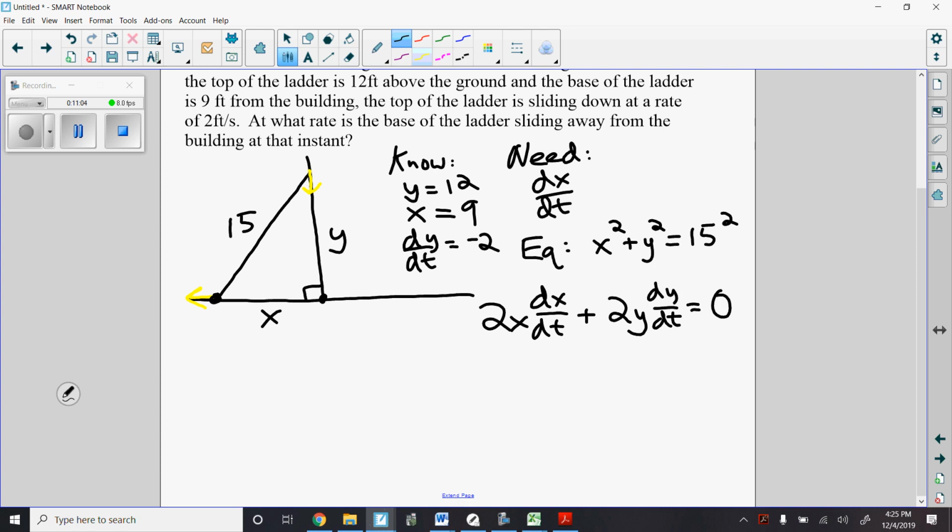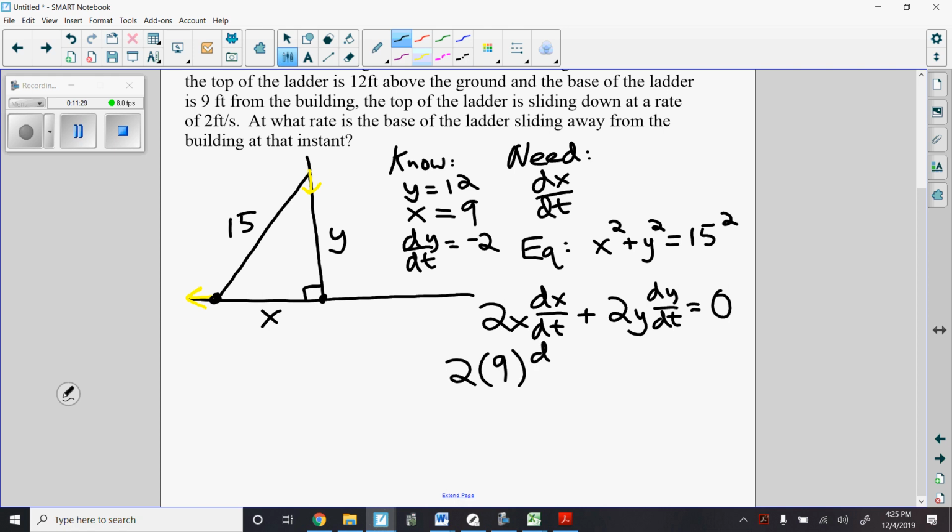Now, I don't have a 2 on every side of the equation, but I can divide by 2 because 0 divided by 2 doesn't change it. But I'll leave it in there just to show you that it doesn't matter. So I'm going to plug in and solve for my unknown. I'm going to have 2 times x, which is 9, times dx dt.